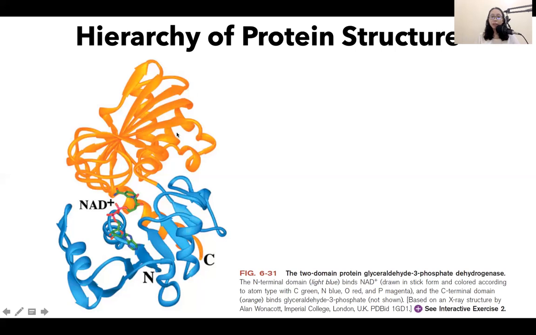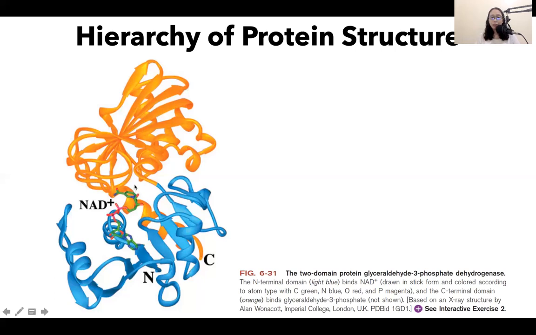Now, a domain is something that has its own unique tertiary structure. And most of the time, a domain in a single protein has its own function. Other domains in the same protein also perform a different function.